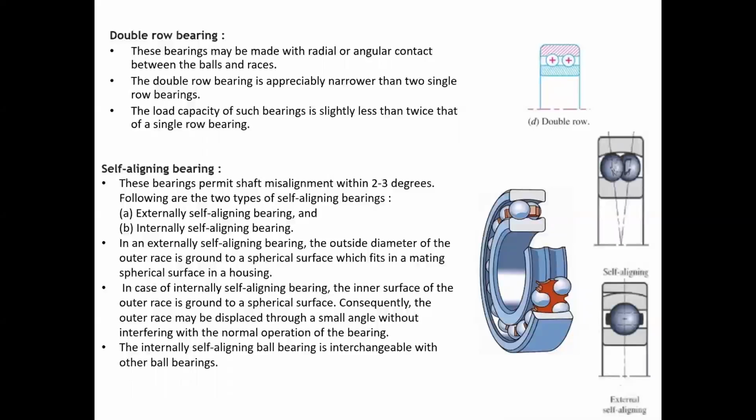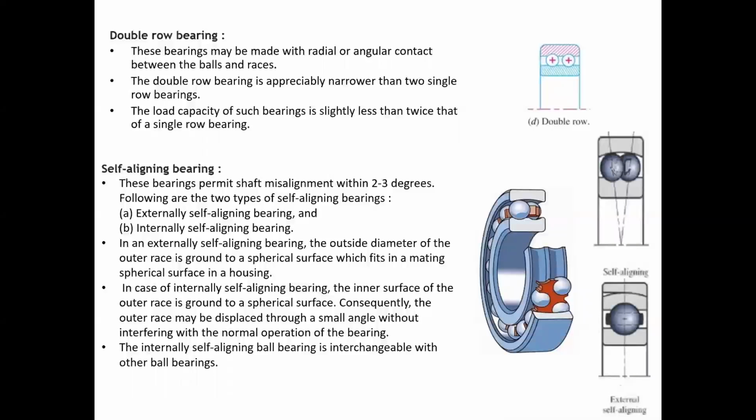And by providing two rows of balls, what we are doing? We are increasing the load carrying capacity of the bearing and keeping the overall dimension of the bearing less. If we use two single row bearings, then the axial length or the size of the two bearings will be much larger than the double row bearing.